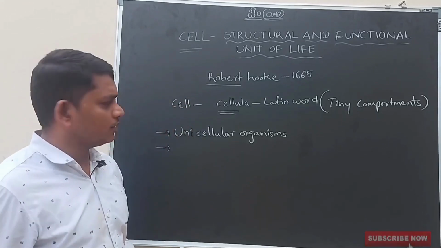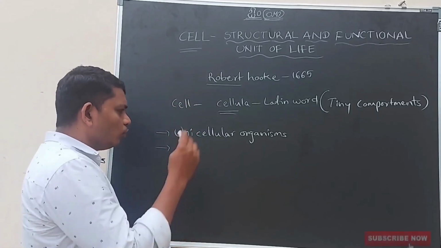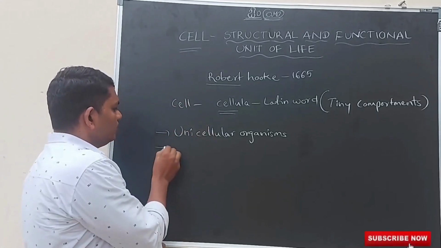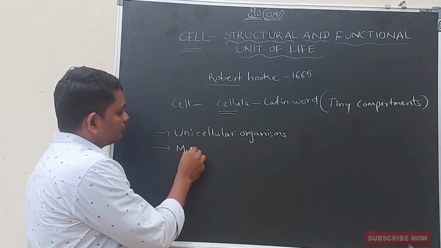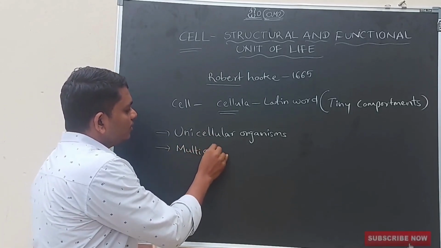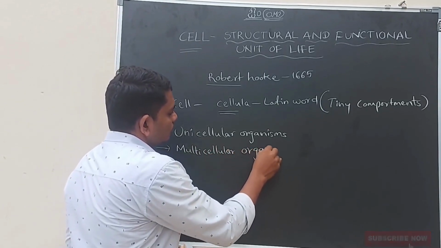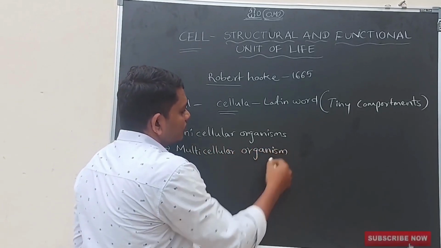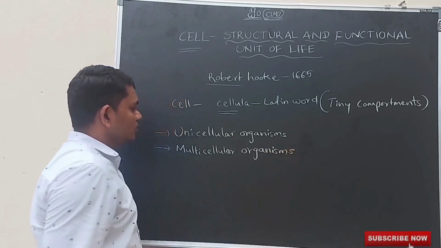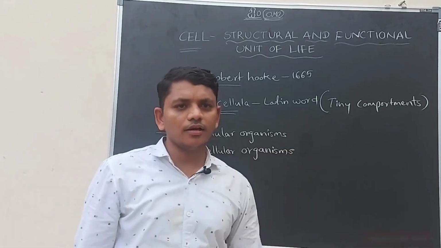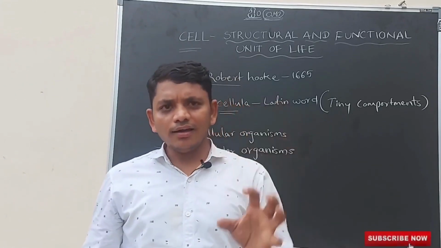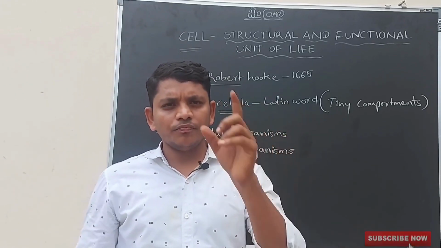If the organism is made up of more than 2 cells, it is called a multicellular organism. In unicellular organisms, the organism is composed of only a single cell.